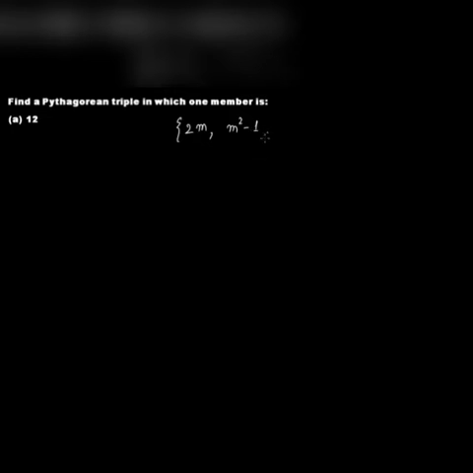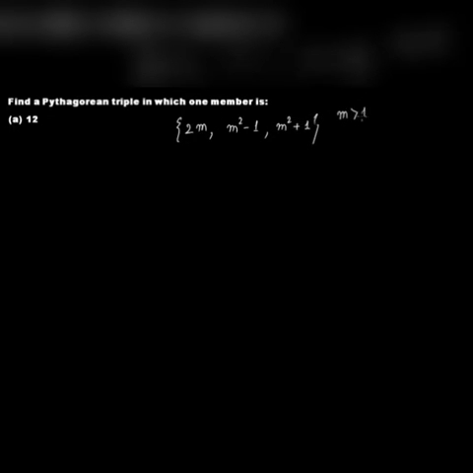We have a problem here. Find a Pythagorean triple in which one member is 12. We know that we can tell Pythagorean triples using these three algebraic expressions, that is 2m, m squared minus 1 and m squared plus 1. If you put different values of m that are greater than 1, all the positive integers greater than 1, then you'll get different Pythagorean triples.